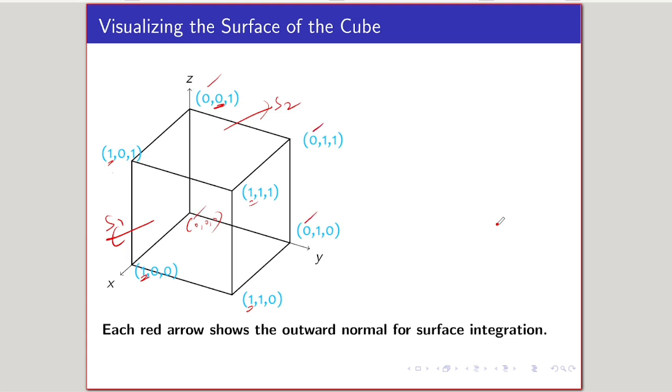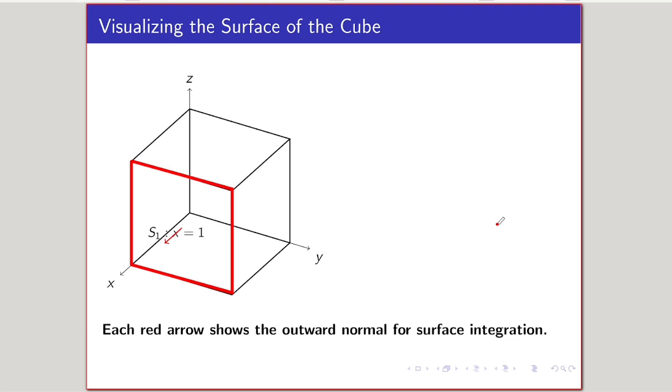As same as this, this will be S1, and this will be S2, where x equal to 0. And this will be the third surface, where y will be equal to 1. This is the fourth surface, S4, where y equal to 0.